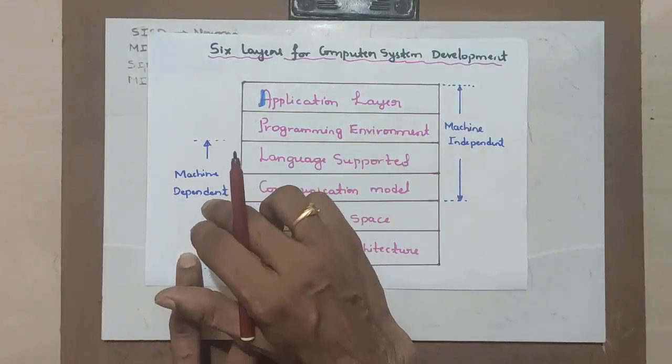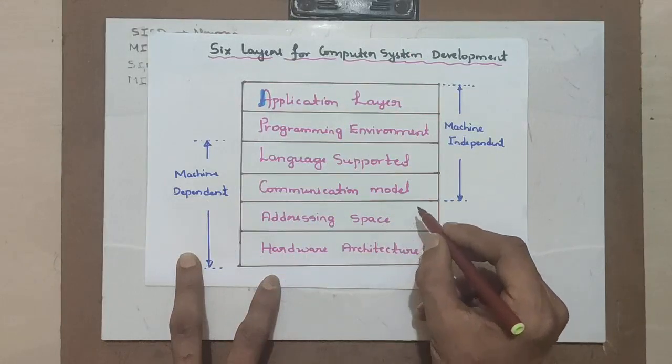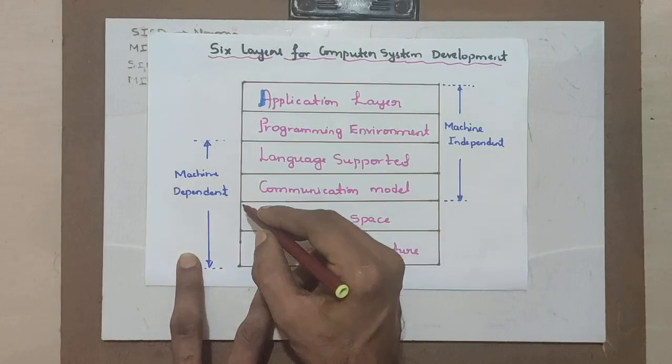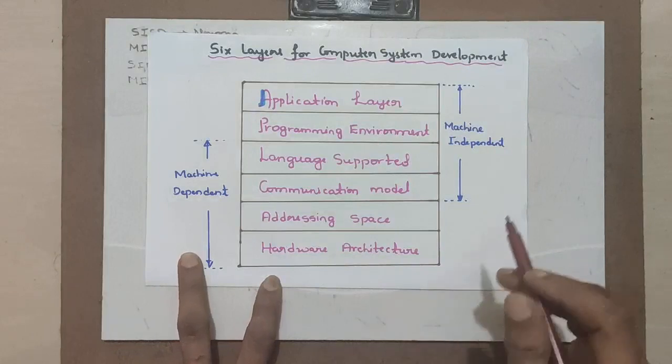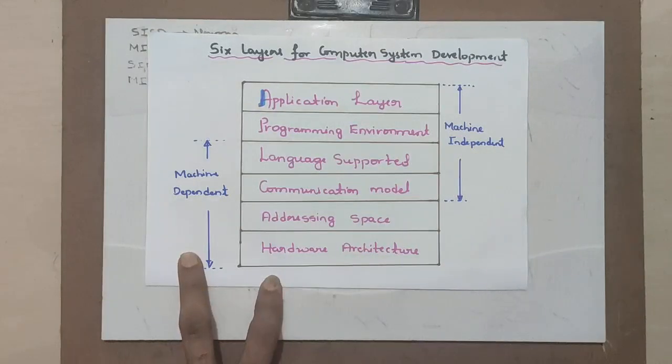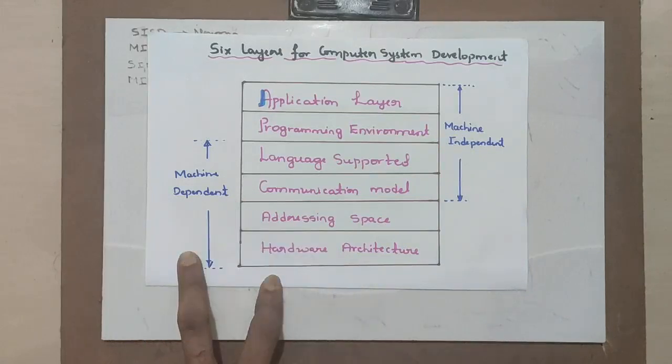Here the machine dependent layers, like operating systems, memory related and hardware architecture, are taken as the beneath layers, which depend upon the machine. And the top layers, application layers, programming layers and language layers, are machine independent. Generally we need to see that there is a coordination between the top layers and the bottom layers, or the architecture layers and application layers.